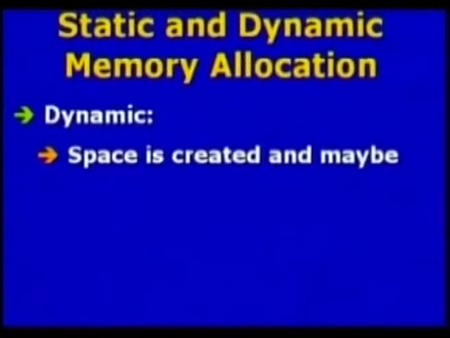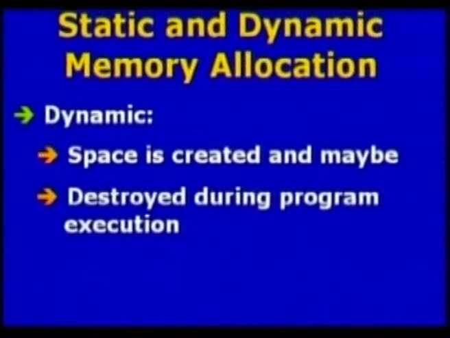Dynamic, on the other hand, the space is created and may be destroyed during execution. So at any time, in the middle of executing my program, I can allocate new memory space for my variables, or I can destroy or free existing, already reserved locations for my variables.